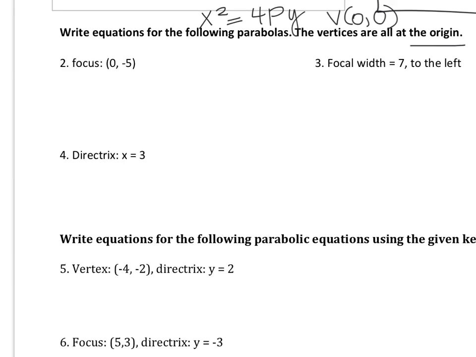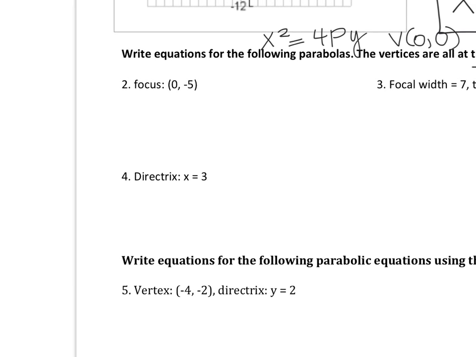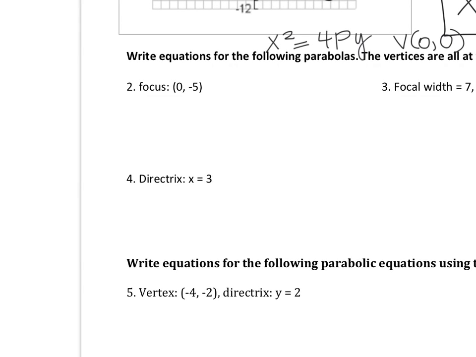Now let's move on to the next one. For me to successfully write the equation, I need to know how this parabola looks, okay? So I know that the parabola has a vertex at 0, 0. So let me mark the focus, which is 0, -5, so that's down.